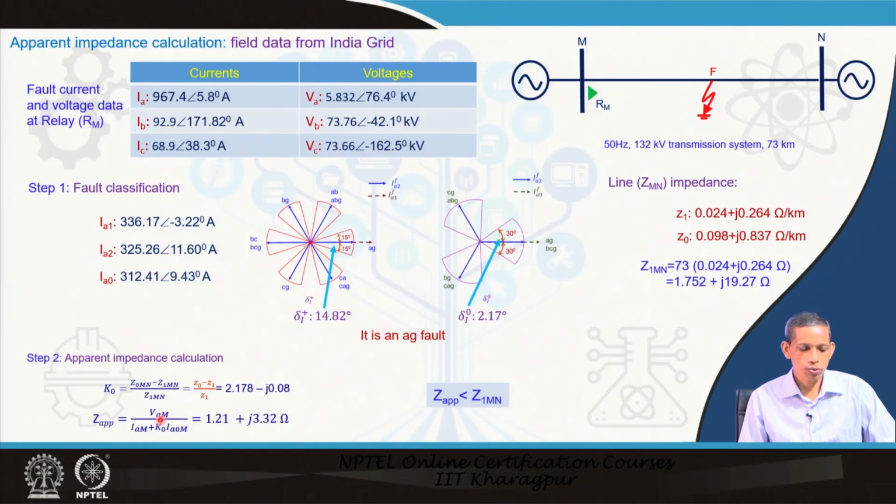Z apparent equals VA upon IA plus K naught I naught. Substituting the VA, we got this to be 1.21 plus j 3.32 ohm. Note that this Z apparent impedance is much smaller than the positive sequence impedance of the line. That means that the fault is inside the line, and the relay will go for a trip decision.